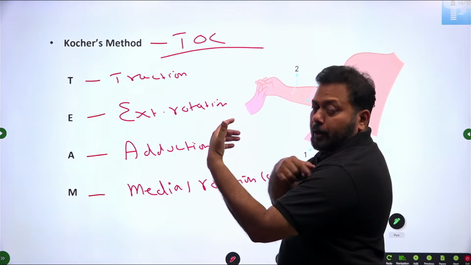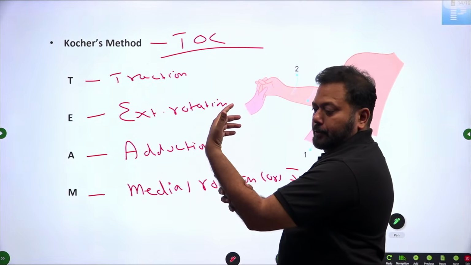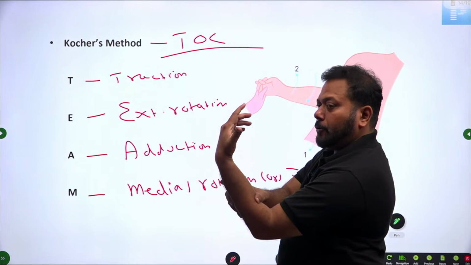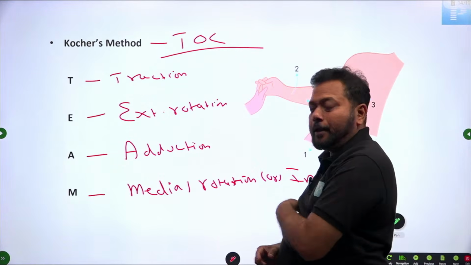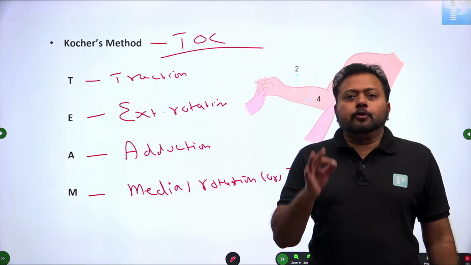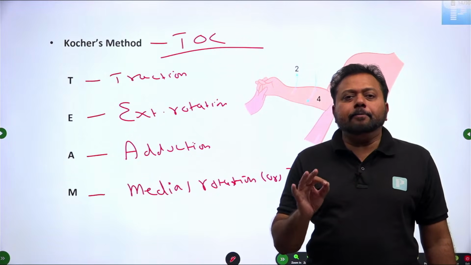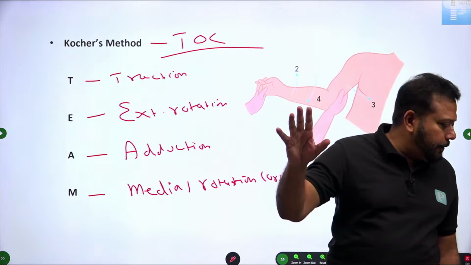Okay, somebody is giving counter traction here. So it is traction, external rotation, adduction, internal rotation. Within 10 seconds, you can reduce this shoulder dislocation. This Kocher's method, otherwise called TEAM technique, is the method of choice. So this is the treatment of choice.